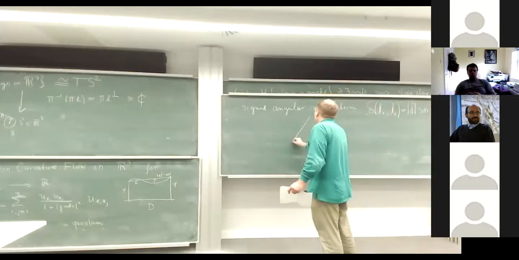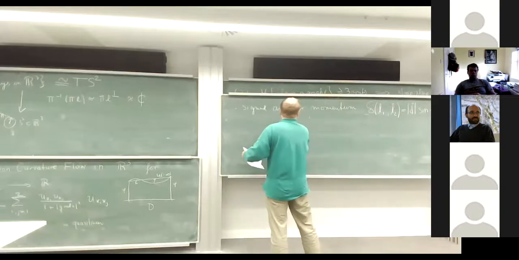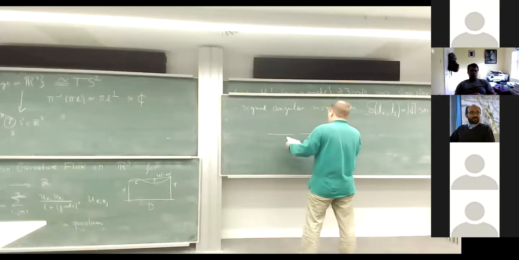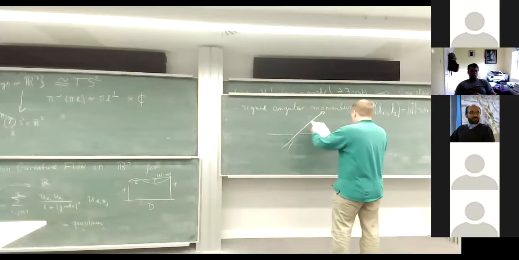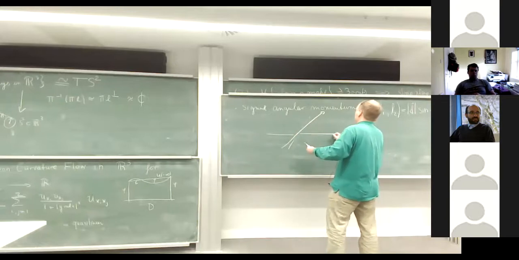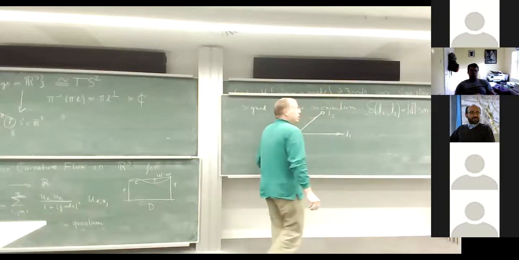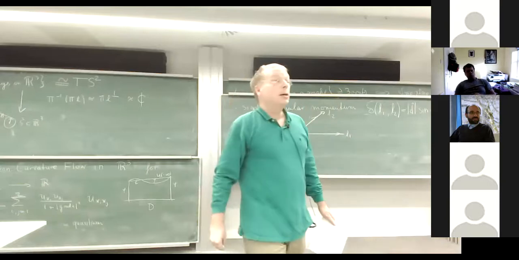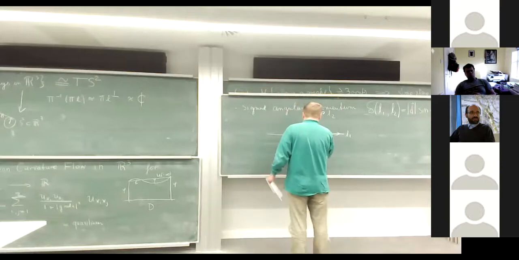Given two lines, let's choose one this way and one this way. This is L1, this is L2. Do you agree there is a unique vector that's perpendicular to both of them, from one to the other?